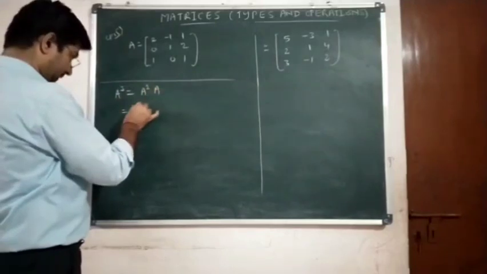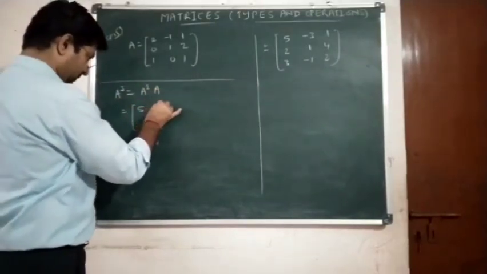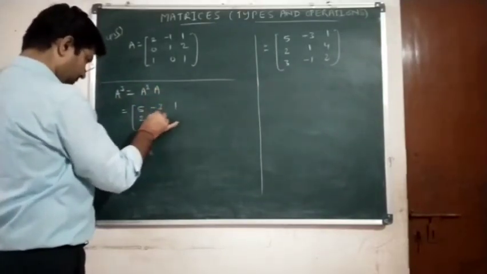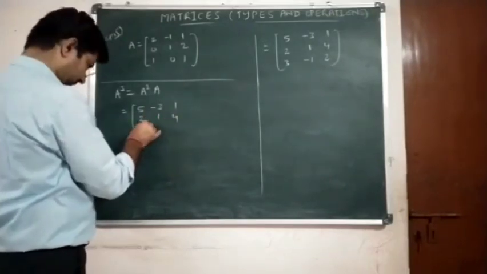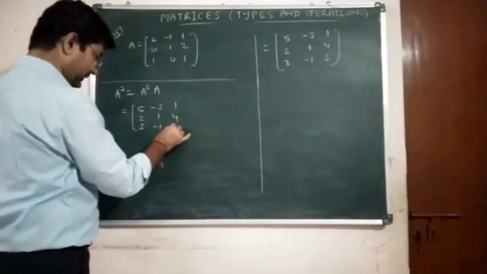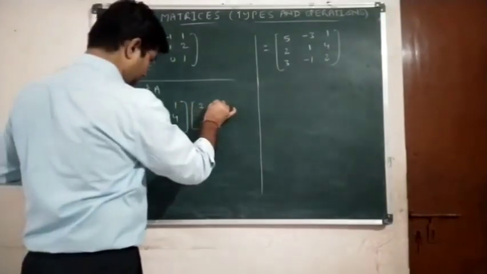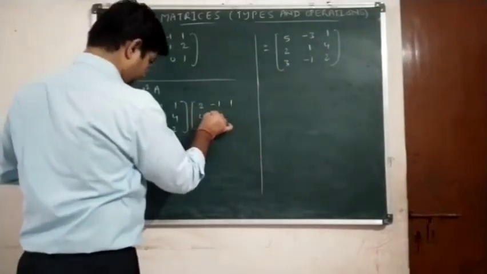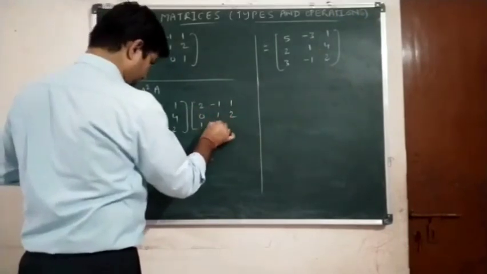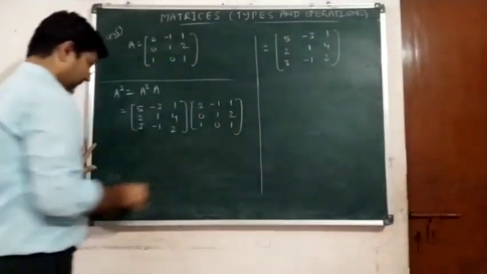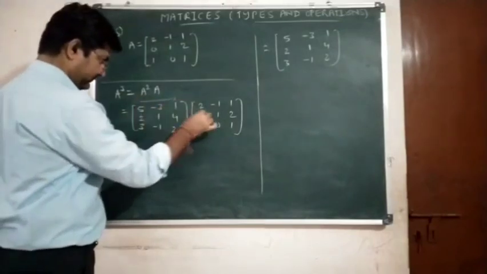Now we have matrix A square. This is 5, minus 3, 1, 2, 1, 4 and 3, minus 1, 2 multiplied by A, 2, minus 1, 1, 0, 1, 2, 1, 0, 1. Again row into column.